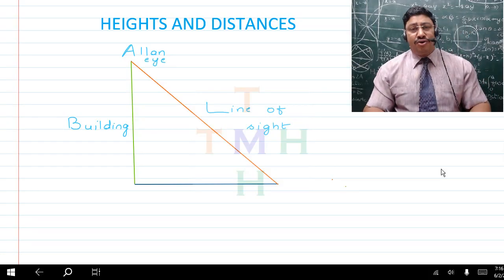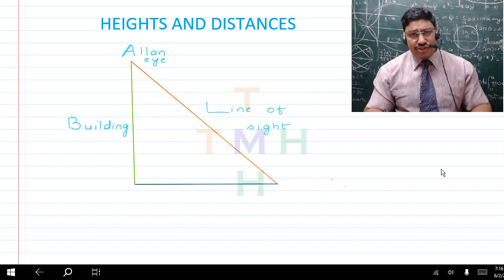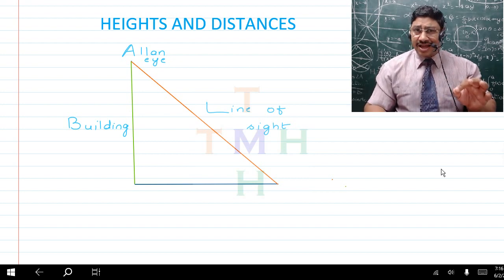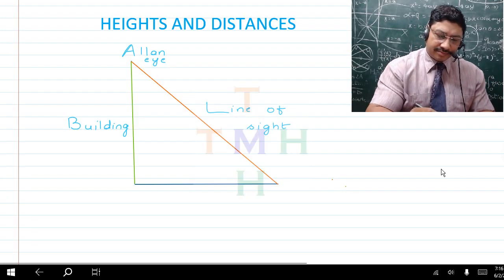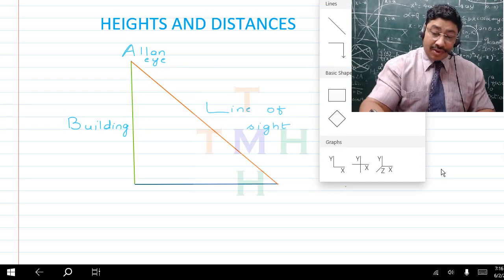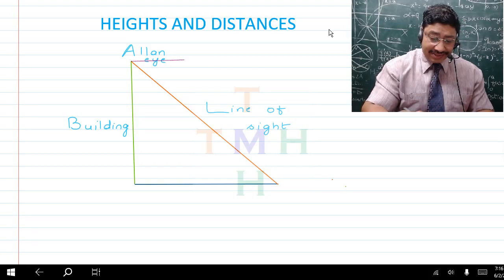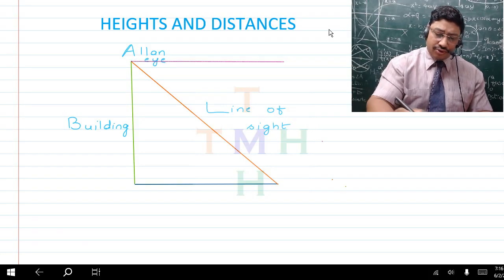Okay, now the angle which the straight line joining the eyes of the observer to the object makes with a straight line drawn from the eyes of the observer parallel to the horizontal, right? So we require another line, that is this line. Now this is that line which is parallel to the horizontal.